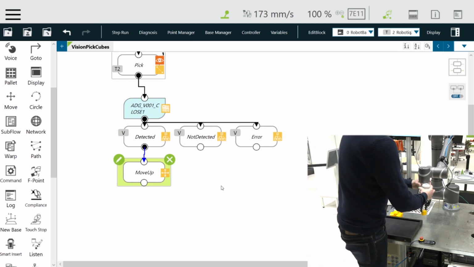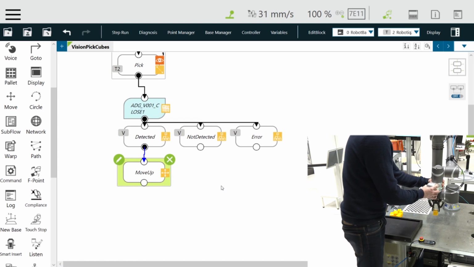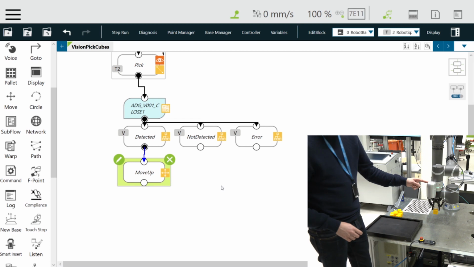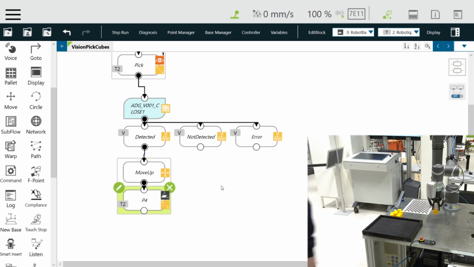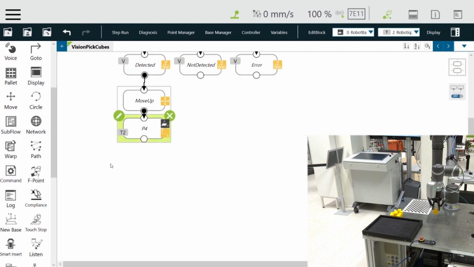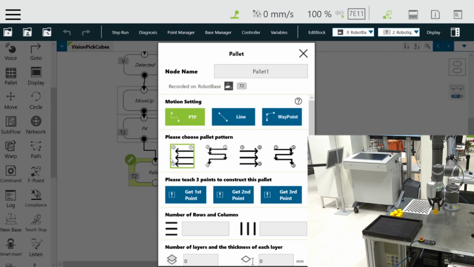Now the robot is moved by hand. There is this button where the robot can be moved, and then, as you saw, Tommi, push the button when we got another point here. Pallet node is used to easily set up palletizing.